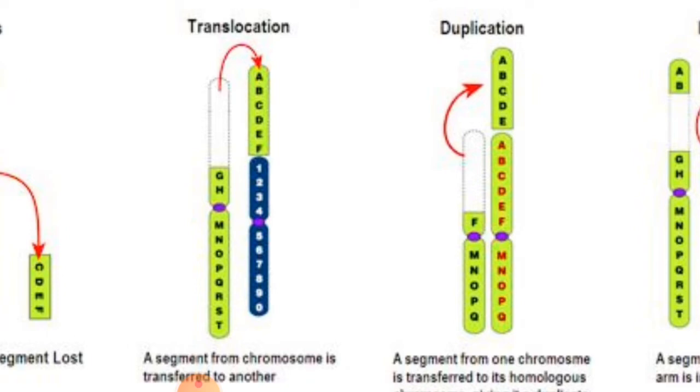This is in the reciprocal translocation. Obviously, when both the chromosomes receive a segment of each other, the size will not be so much affected as the type of the genes which are present, the sequence of the DNA is affected.